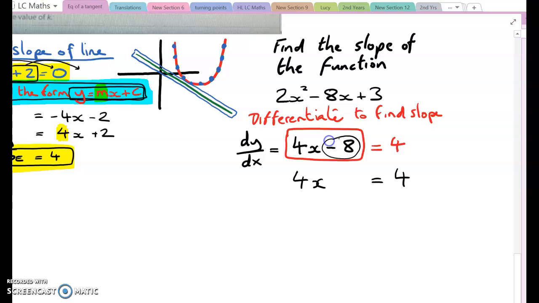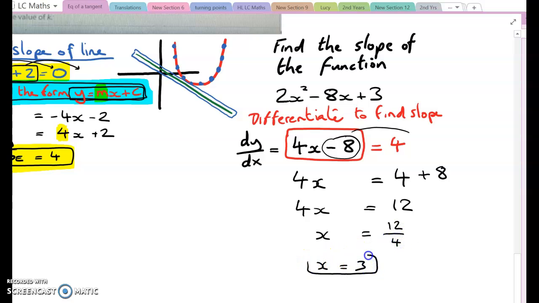Bring that minus 8 over, it becomes a plus 8, which means 4x is equal to 12, which means x is equal to 12 over 4, which means x is equal to 3. Now I have the first part of my coordinate, the x part, 3.